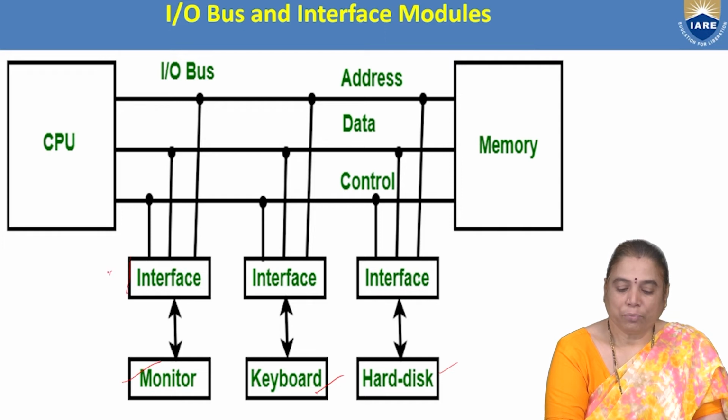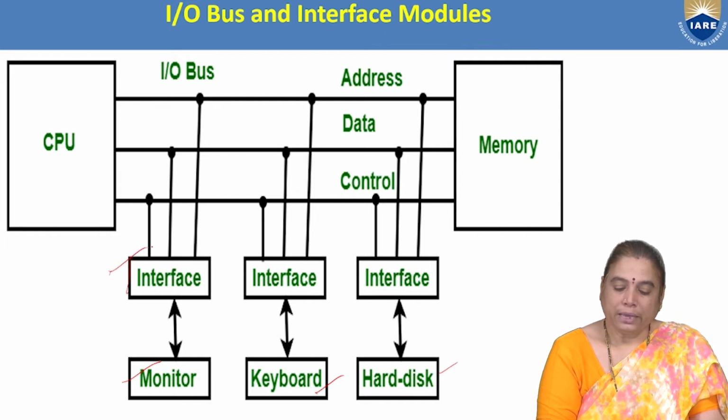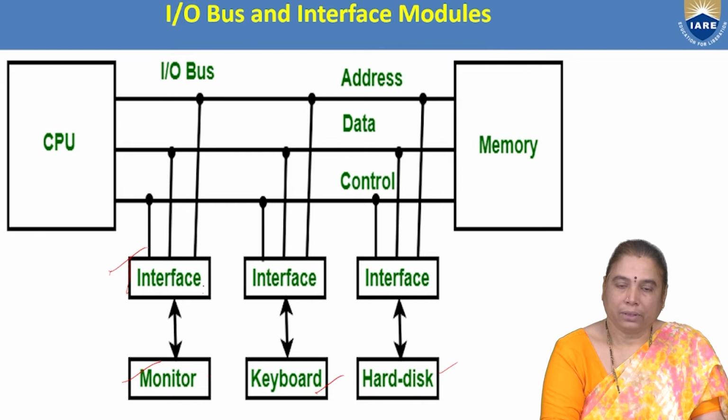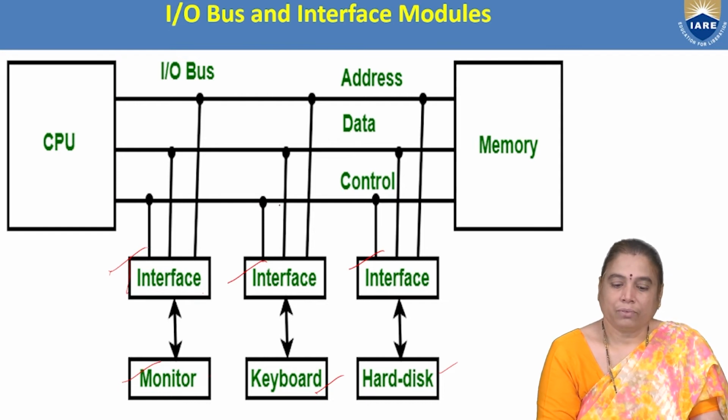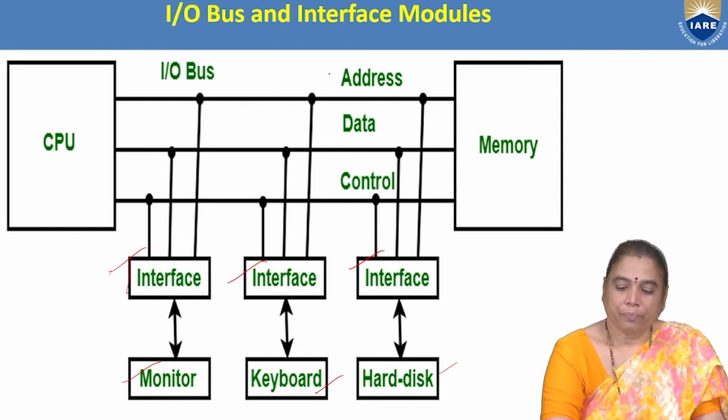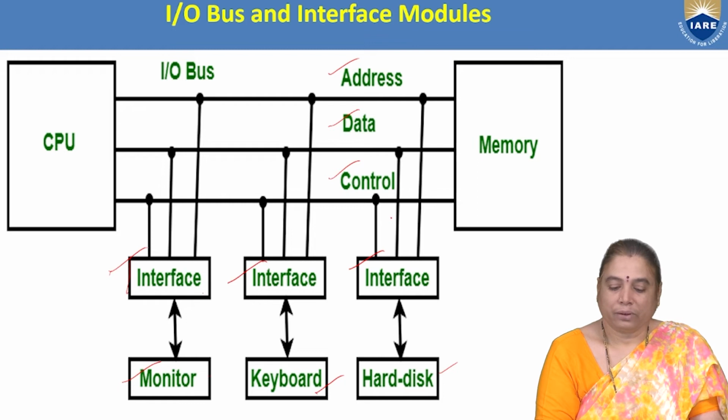This is the input-output interface. Each device is connected with the interface. And these interfaces can be connected with the system bus. The system bus can have three varieties of bus: address bus, data bus, control bus. All together is referred to as the system bus.